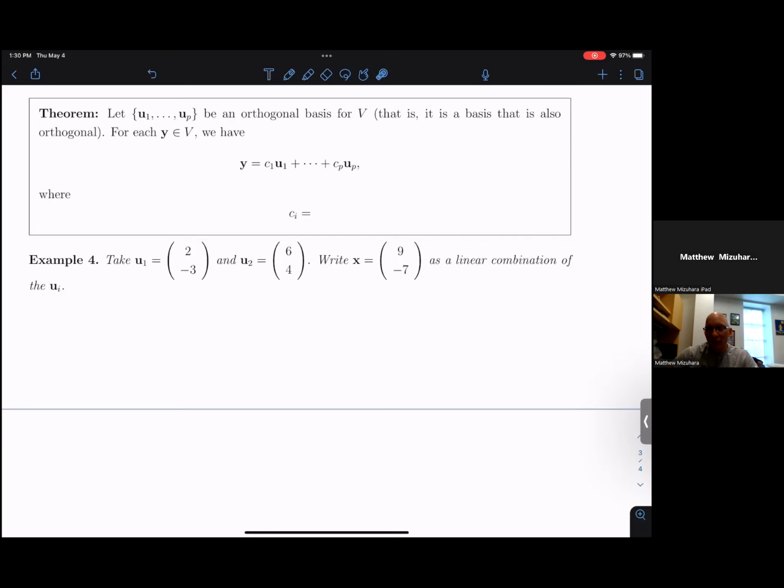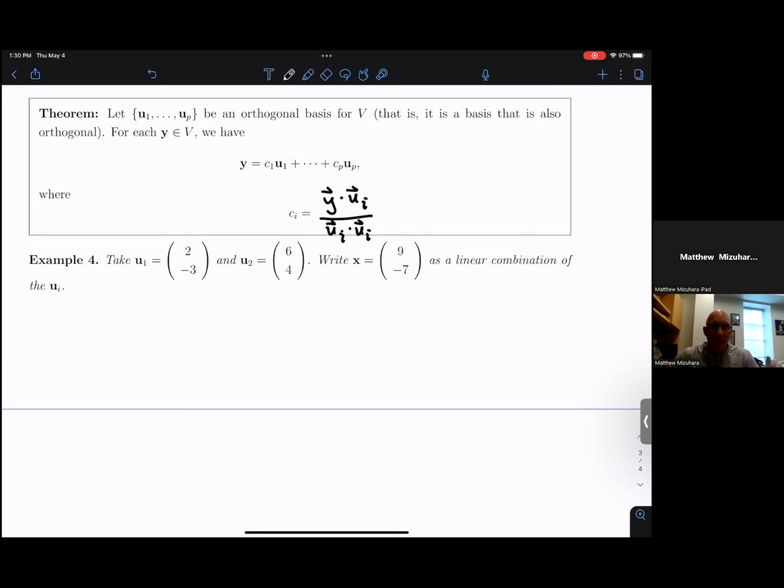In general, to find the coefficients that give you this linear combination, you have to sit down and row reduce, calculate some stuff. But no, for an orthogonal basis, finding the unknown coefficients is as simple as: take your vector y that you want, dot product with the ith basis vector, divide by the ith basis vector dotted with itself.